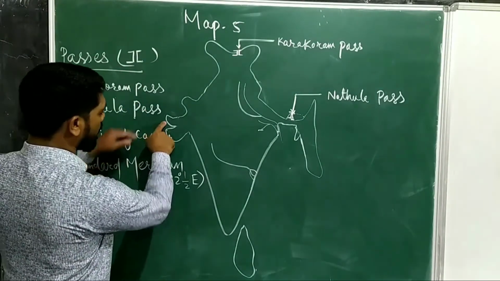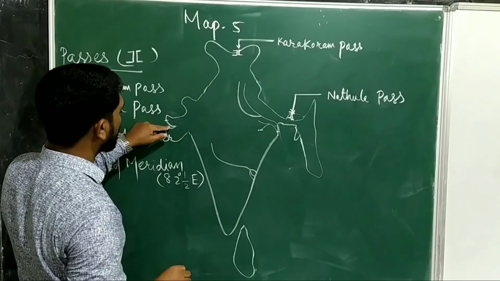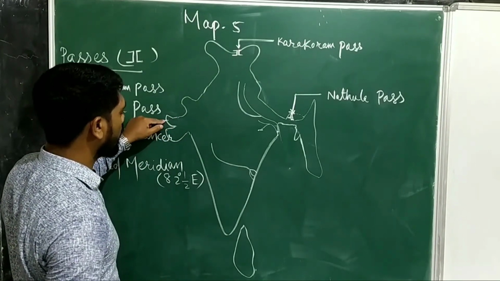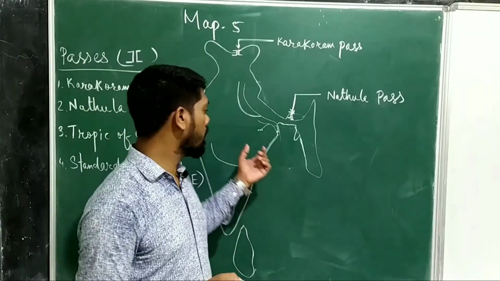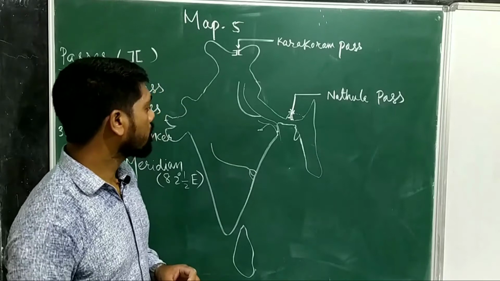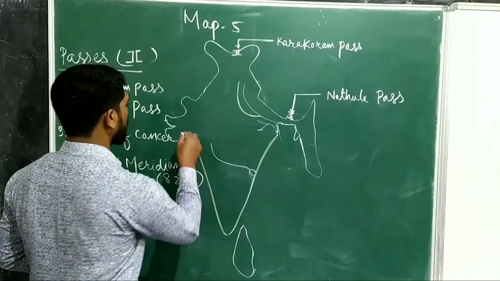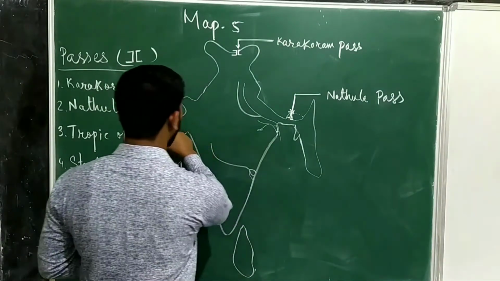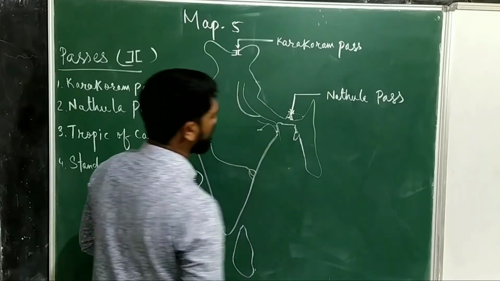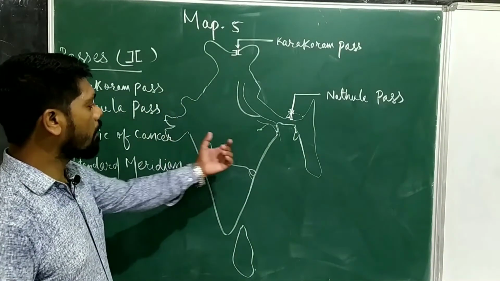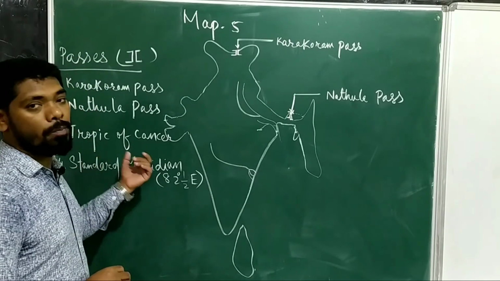See here, when you look at it exactly on the map, it should be this tip above the Gulf of Kutch, and it should touch rivers like the Chambal and the Betwa and the tip of the river Son. So that is 1, 2, 3, and here Tripura is there, you can just make a label of that. So when you identify these 4 landmarks, you can label the Tropic of Cancer.